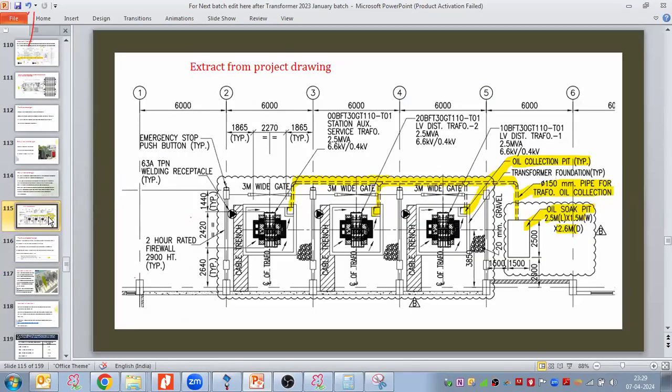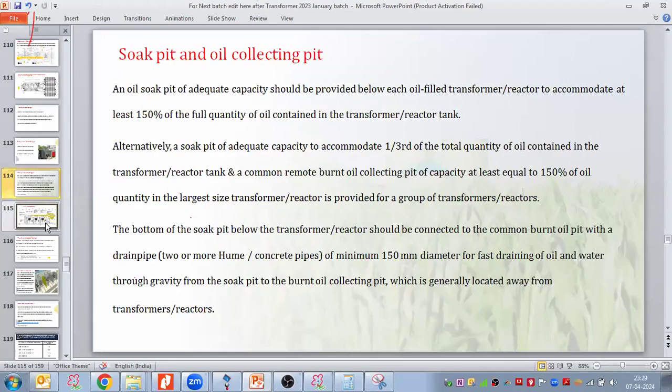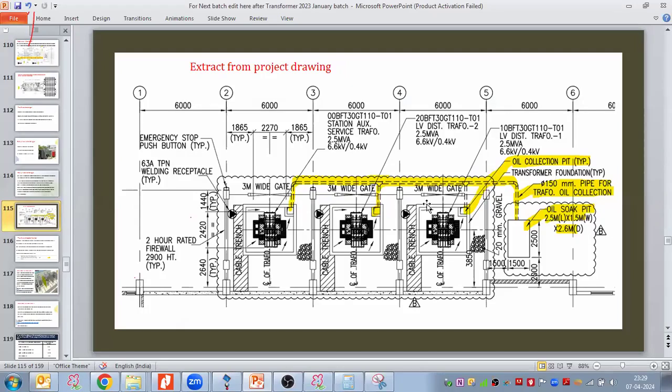Let us see the same concept which we follow when we prepare the transformer foundations in the layout drawing. Here we have 3 transformers, and here we have the foundations of the transformer.